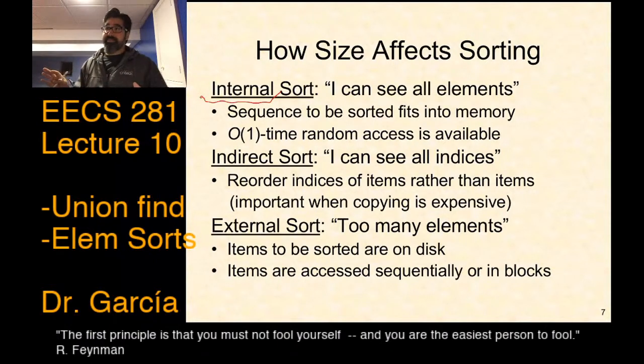Even if it's a very large number of them, your algorithm will have all the data available to do the sort. Okay. Also, we assume by way of the fact that we're using arrays that we have constant time random access. Now then there's indirect sort, okay, which means I might not be able to fit all my actual data in memory, but I can fit some indices that are keys to identifying the data that might live somewhere else.